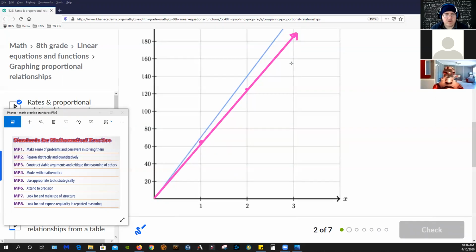So there's Raquel's heartbeat status. So the question was, is her heartbeat going at a faster rate, a slower rate, or the exact same rate as this blue line? Chat, sound off.